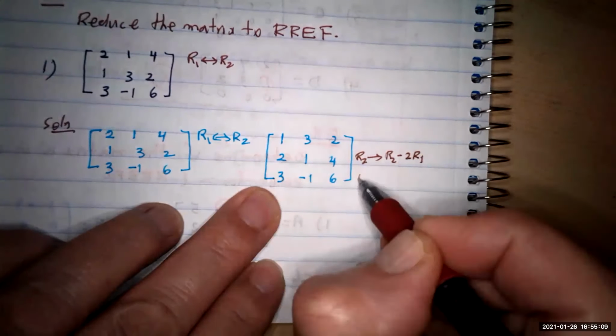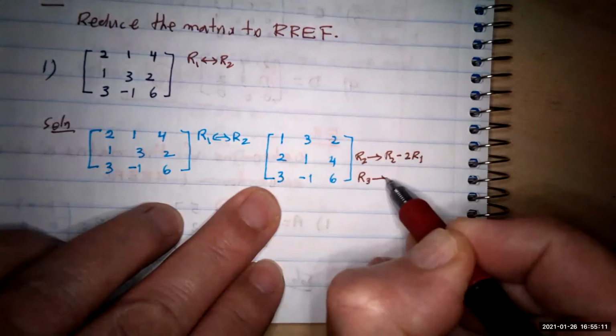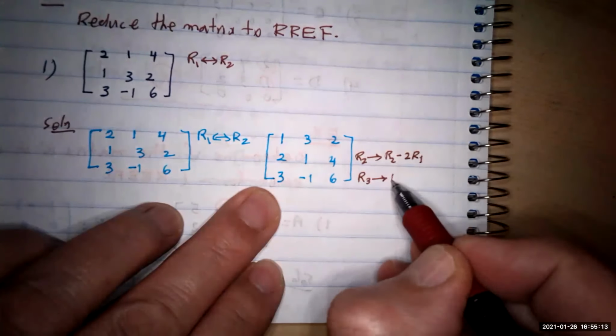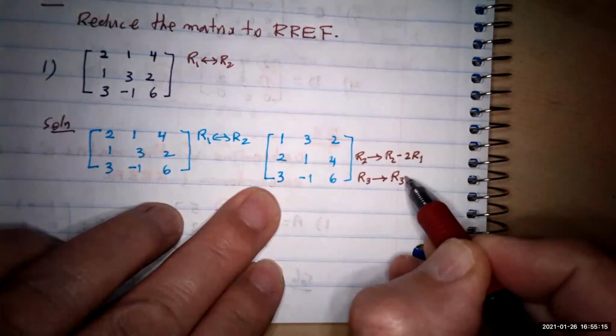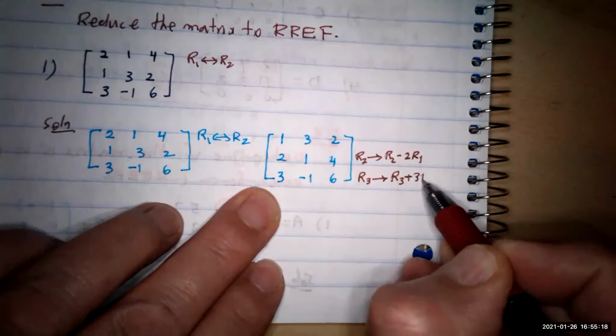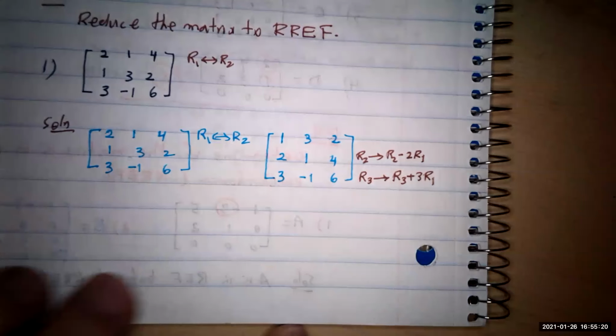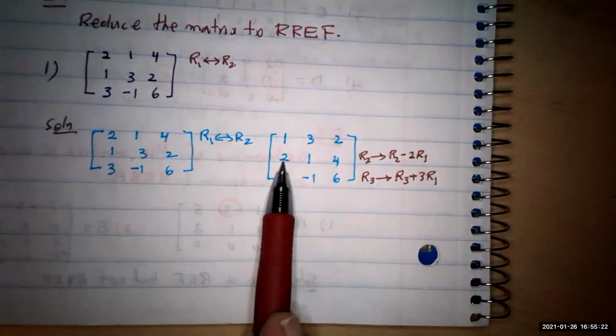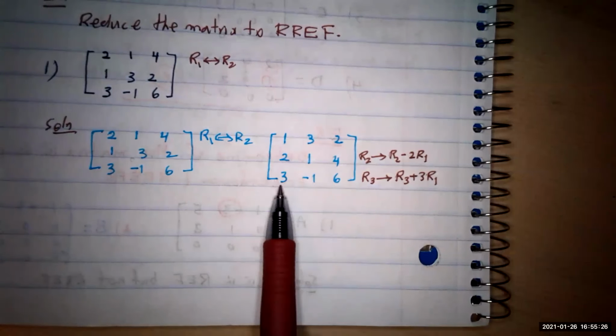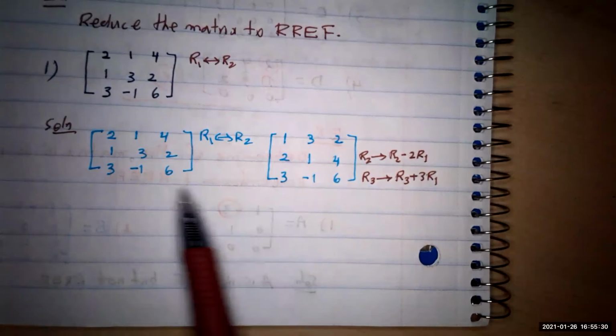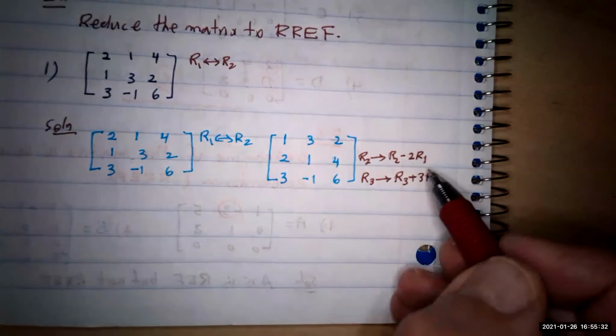And this is R3, so you want to get rid of this one, so it's R3 and you add the 3R1. Because you want to make this one 0, you need a negative 2, so you take it from here. To make this one 0, you need, I'm sorry, that's a 3, so it's a negative again.